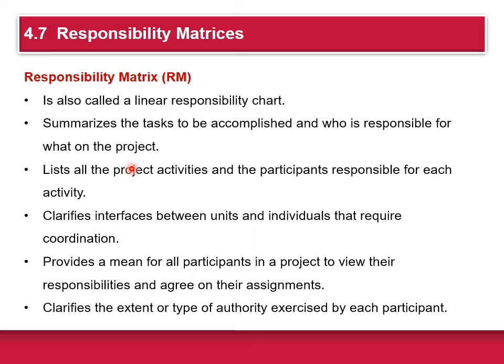This is often called a linear responsibility chart, and it summarizes the tasks to be accomplished and who is responsible for what on a project. Here are some of the things the book talks about. It provides a means for all participants in a project to view their responsibilities and see what their assignments are. It clarifies the extent or type of authority exercised by each participant.